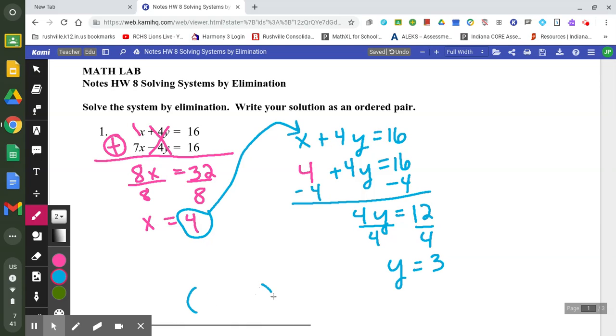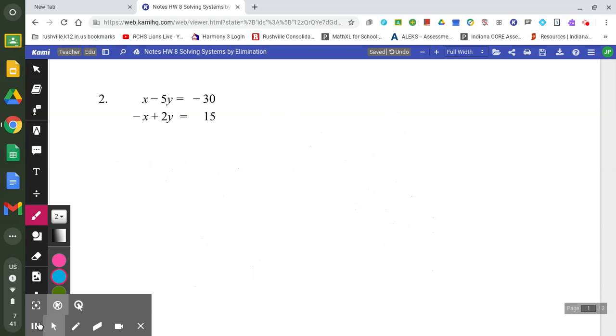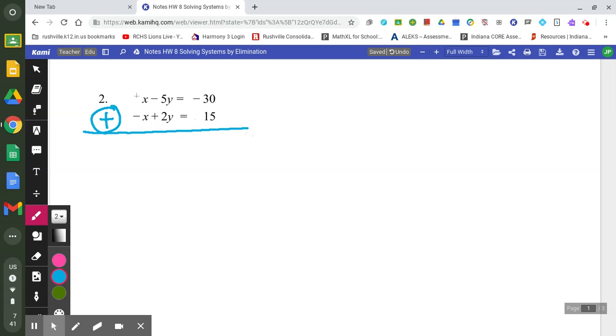So my answer is an ordered pair where x is first and then y. So my answer is 4, 3. In example 2, my x's are ready to eliminate. So I can add my two equations together because I have a positive x and a negative x which cancel.